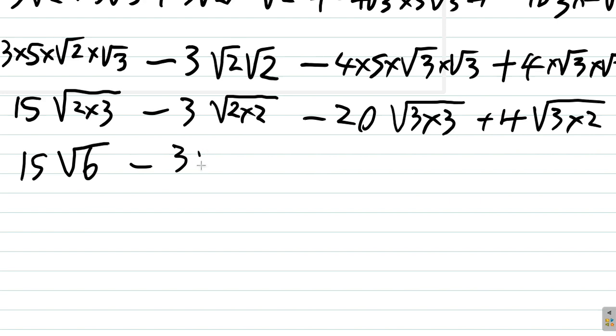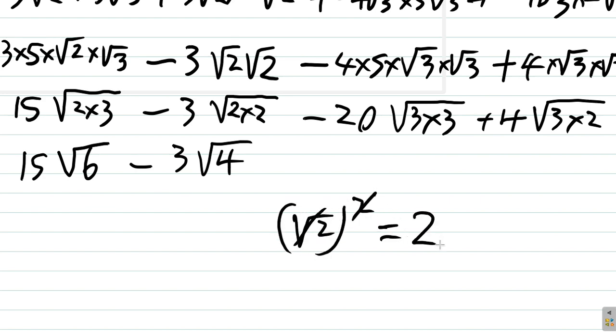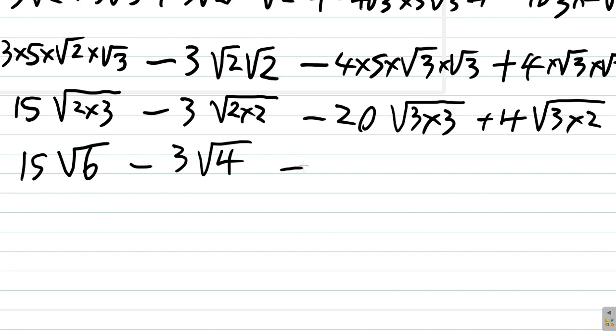Minus 3 times the square root of 2 times 2 is 4. You remember, once you practice enough, that the square root of 2 by square root of 2 is really the square root of 2 squared, and the square and square root cancel each other, leaving the 2 untouched. But anyway, we're doing it step by step for now. Minus 20 square root of 3 by 3 is 9.